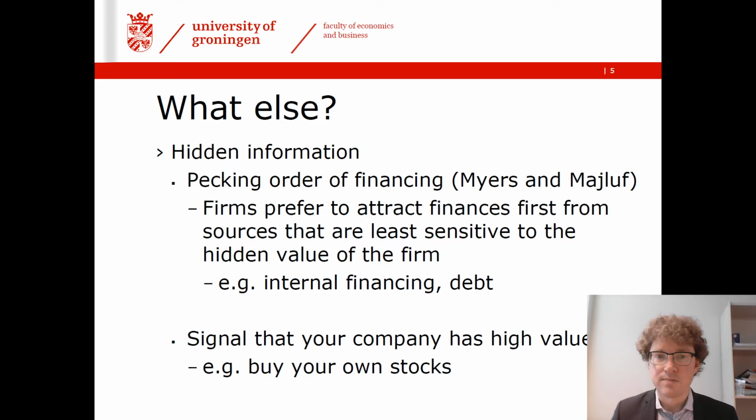The first way, in this pecking order theory, is to use sources that are least sensitive to that information which is not observable to outsiders. One of the least costly ways to do this is to use internal financing. So use your own cash flows from other projects to finance new projects.